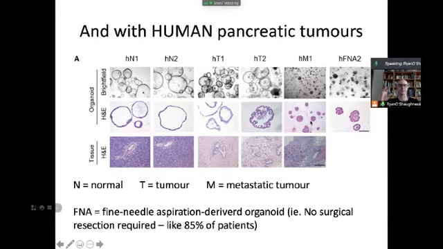In some cases there isn't even a lumen at all, particularly in this fine needle aspiration tumour. So the organoids are also modelling tumour structures from tumour-derived stem cells, in comparison to normal human organoids, where we see normal pancreatic structures derived from normal pancreatic stem cells.